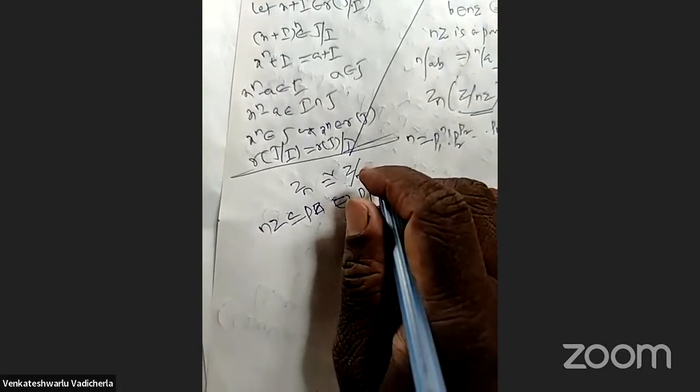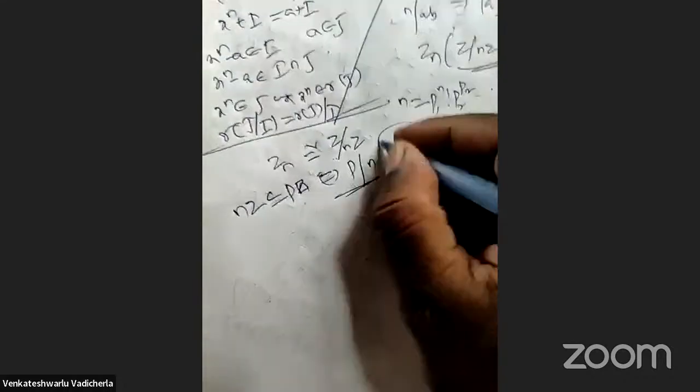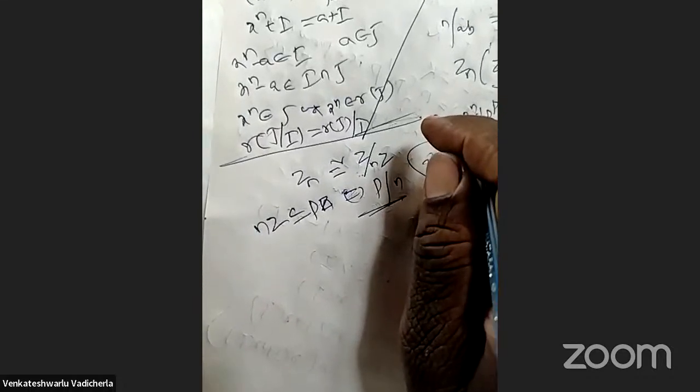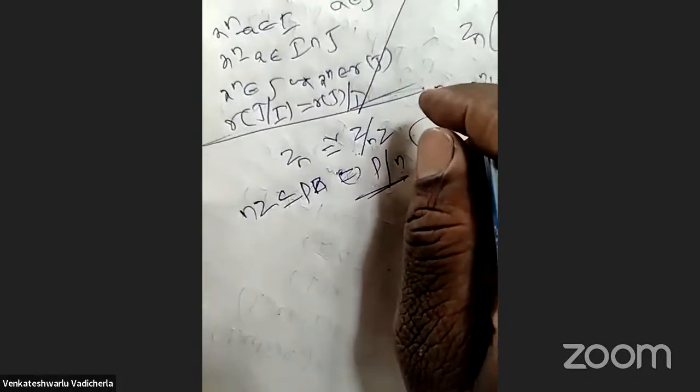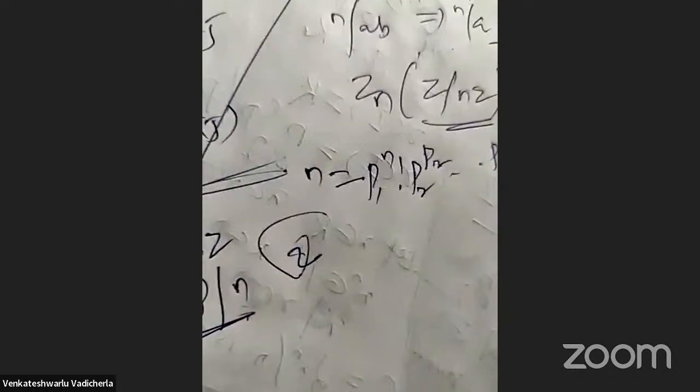So the prime ideals of Zn are precisely the principal ideals in Zn generated by p1, p2, ..., pk.